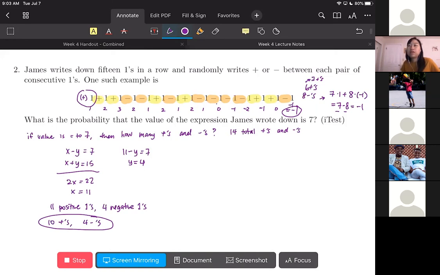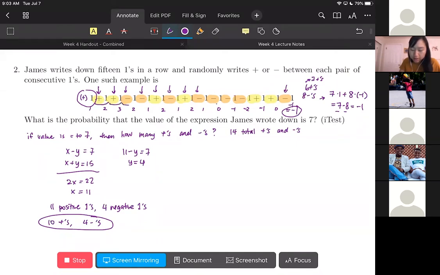Oh, I think you would subtract 1. The reason I subtracted 1 from 15 was because you have 15 numbers here, but you have only 14 things in between the 15 numbers to insert signs. So there's only 14 pluses and minuses that James is writing down, because the sign he writes down gets paired with the number after it, right?